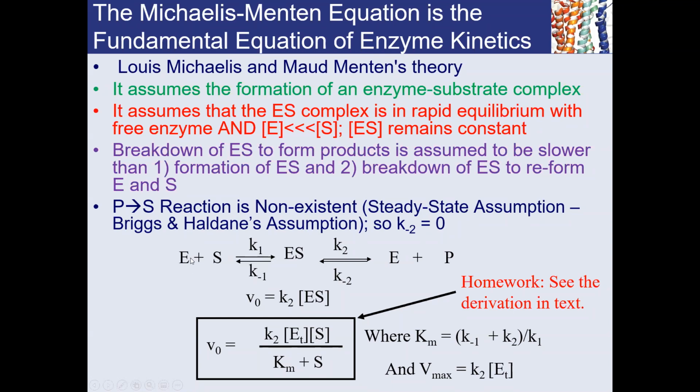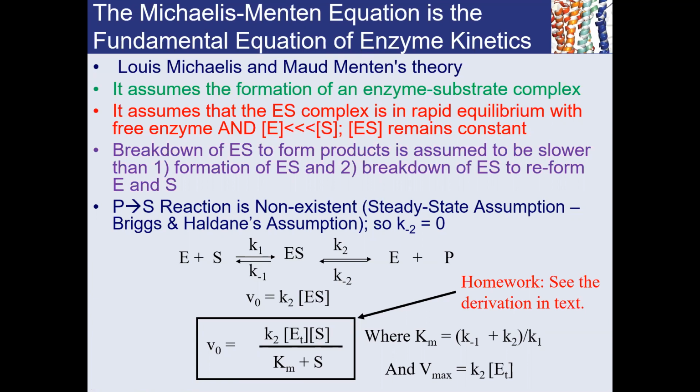And when steady state is achieved, this is the steady state equation, the concentration of the Michaelis complex remains constant. ES remains constant when substrate concentration is way, way higher than enzyme. If substrate concentration was 1 micromolar, enzyme concentration should ideally be 1 nanomolar or even less. Then it is easy to achieve steady state.